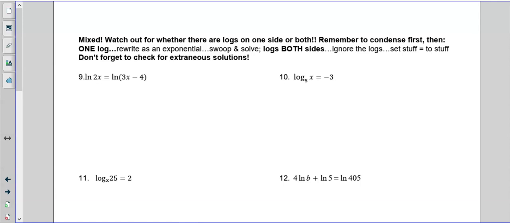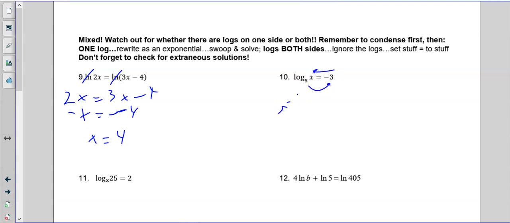So, number 9, we have ln on both sides, just goes away. 2x equals 3x minus 4. Subtract 3x, we get negative x equals negative 4. Divide by negative 1, x is 4. Here, we have one log, so we're going to swish and flick. 5 to the negative 3 equals x.